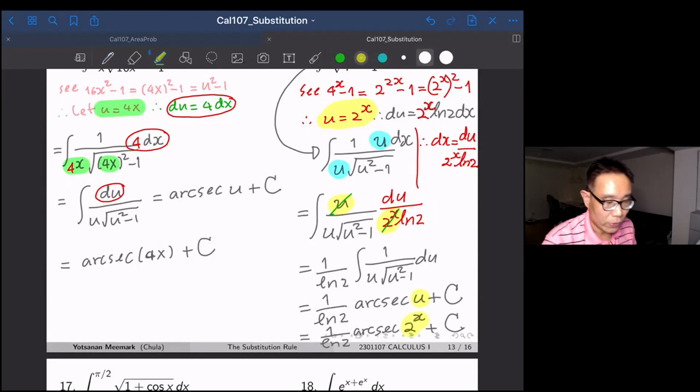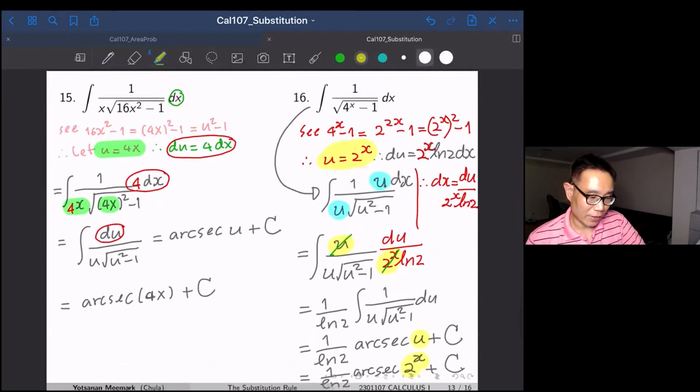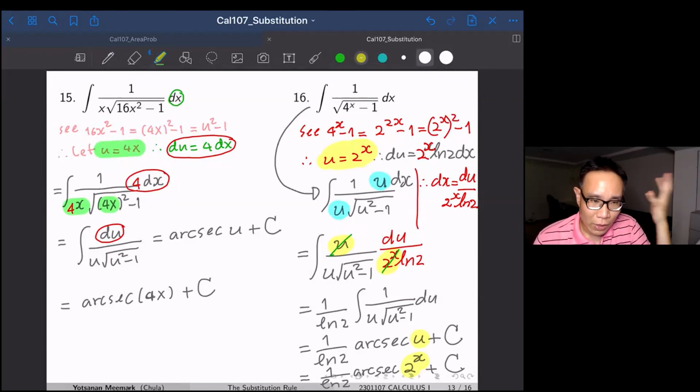Okay, so this one is the second part of the integration by substitution. I taught you the substitution that gives you the log function, and you were able to discover the formulas for integrating tan, sec, and cosec.